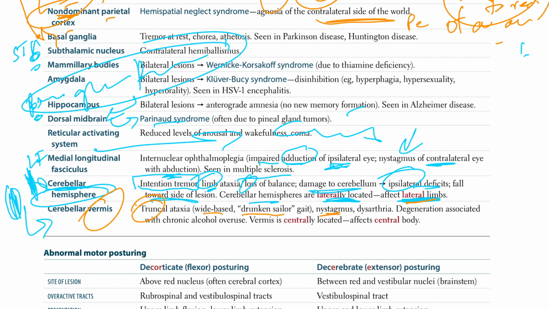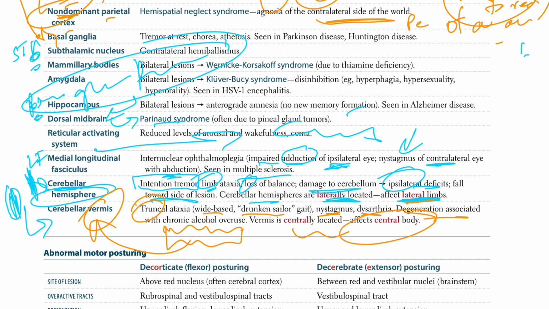Okay, nystagmus, dysarthria, degeneration associated with chronic alcohol overuse, high yield, chronic alcohol overuse. The vermis is centrally located, so it affects the central body. So that's what you have with cerebellar lesions.